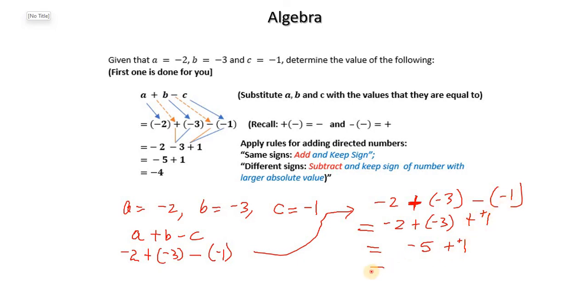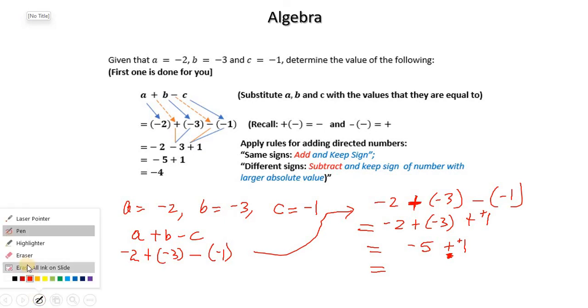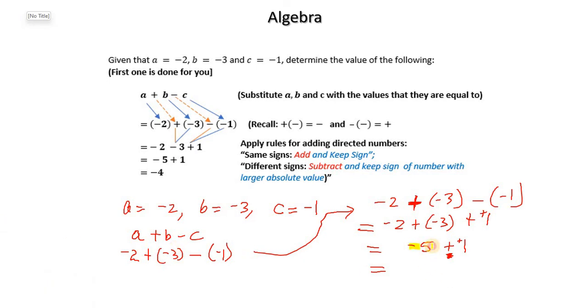So now we're adding two numbers. This symbol means addition here. We're adding -5 to a positive 1, correct? Do they have the same signs or different signs?